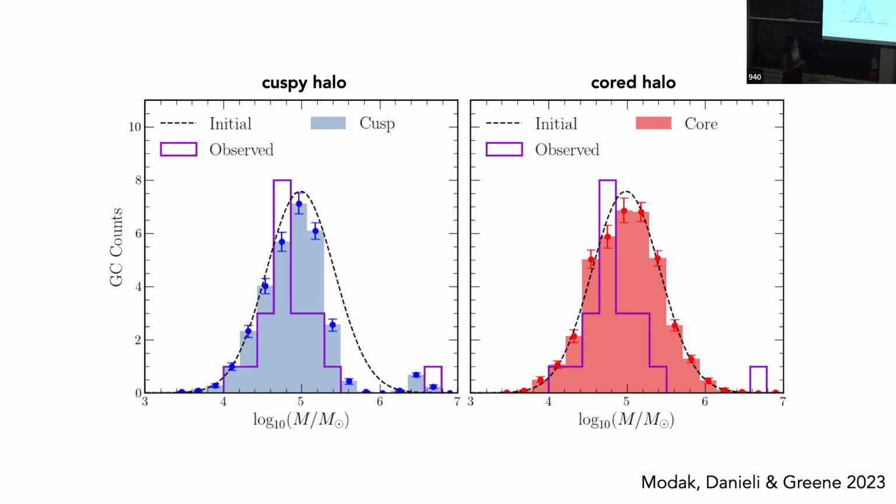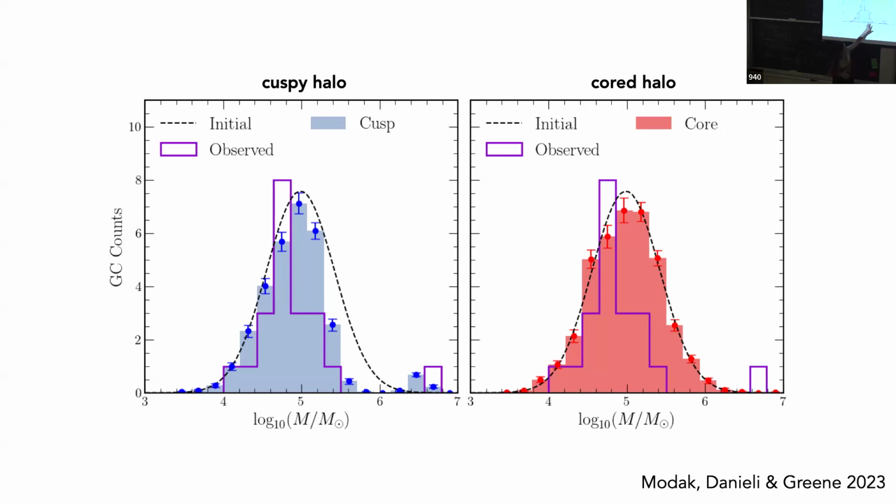The way we compare the result of the simulation and the observations is in the following way. This is the globular cluster mass function, okay? And the observed one is this purple histogram here. You can see we have the nuclear star cluster, then we have this deficiency here, compared to the log-normal distribution that we would expect.